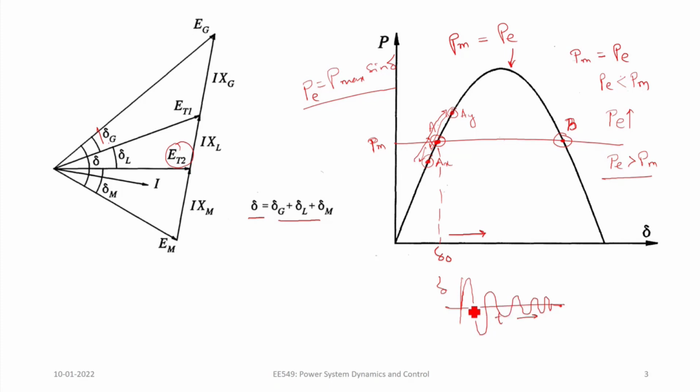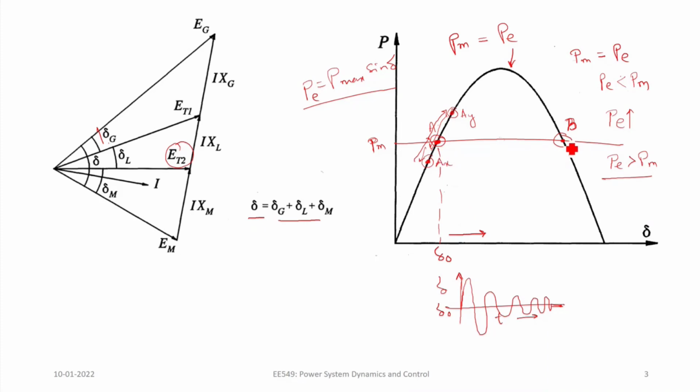Under small disturbance, the oscillation will die out and it will stabilize at point A. Let us say this is your delta naught. Point A means it will stabilize at delta naught. So for a small disturbance, it is stabilizing to point A again, therefore it is a stable equilibrium point.